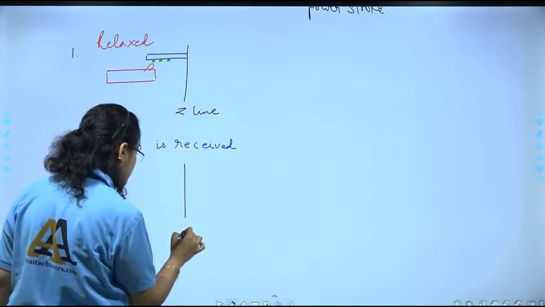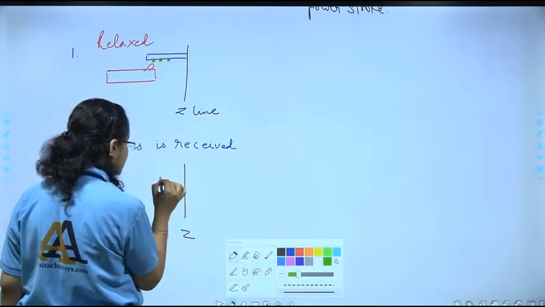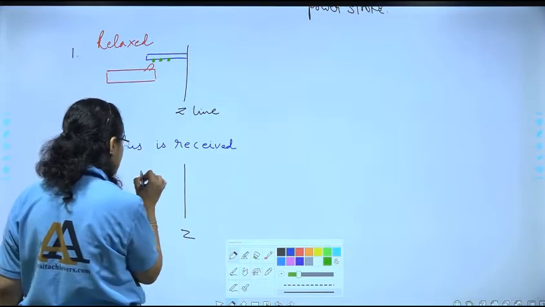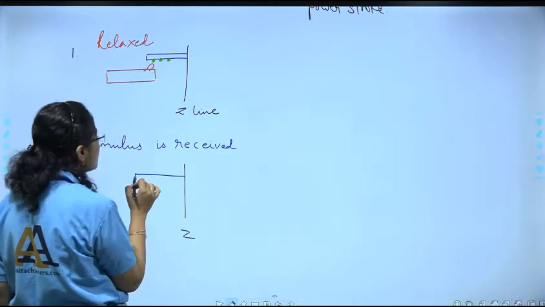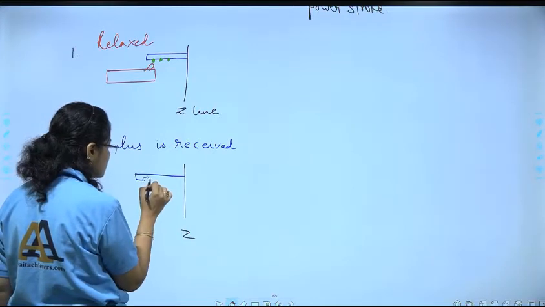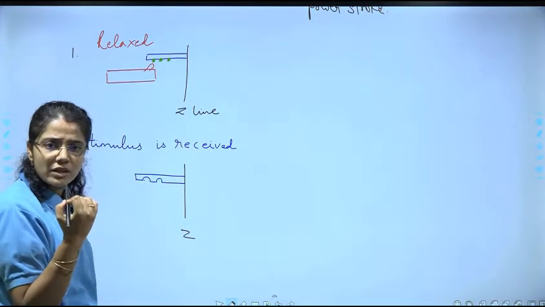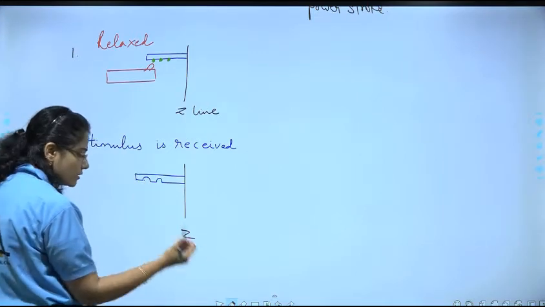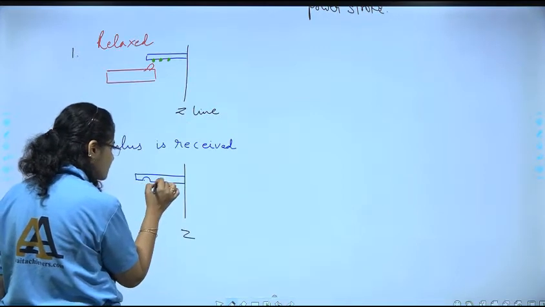So again, say this is our Z line, and we are going to draw our actin filament. But now the active sites of the actin filament are going to be free, one of which we can show free, because why?